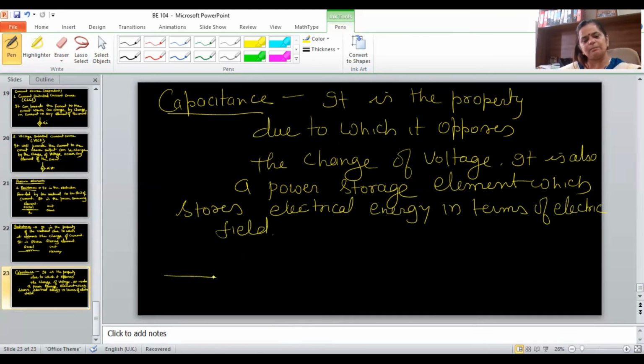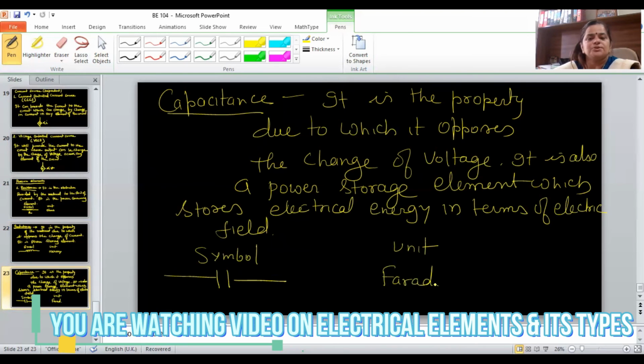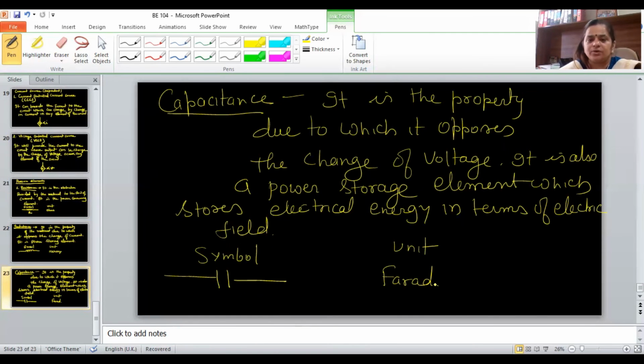Its symbol is like this and its unit will be farad. So this was the description related to the electrical elements.